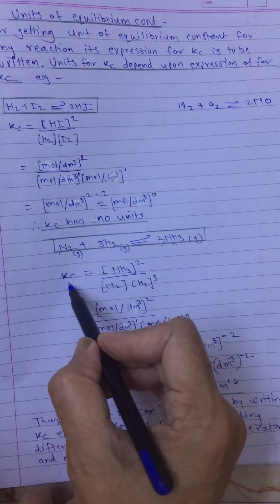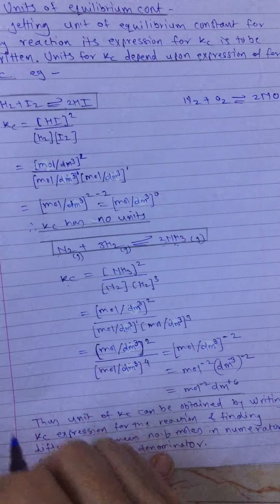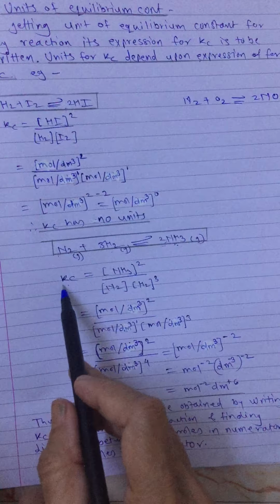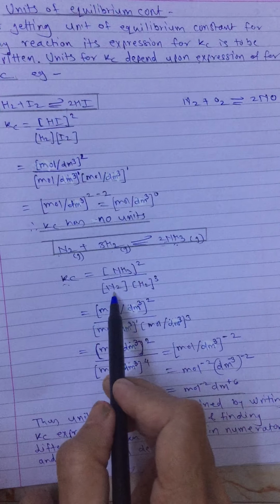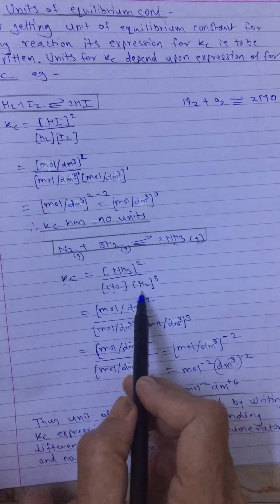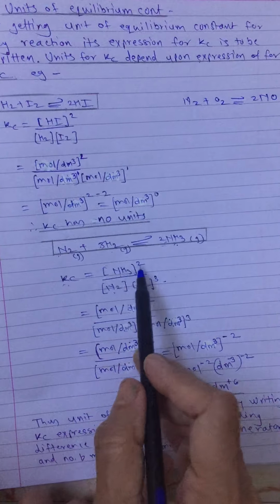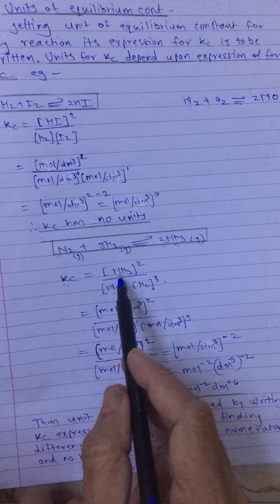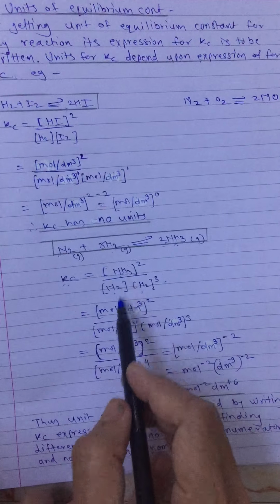Write the Kc expression first of all. The first step to get the unit is to write the Kc expression. So Kc is equal to [NH3] raised to 2 upon concentration of N2 into concentration of H2 raised to 3. Now square bracket means moles per liter, you know. Unit of concentration is moles per liter or moles per dm cube. So just substitute that.